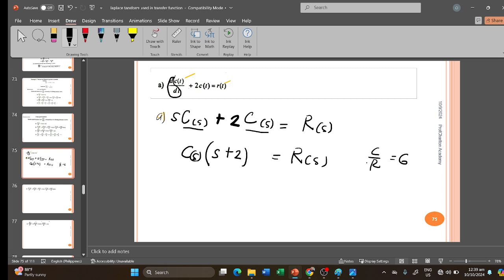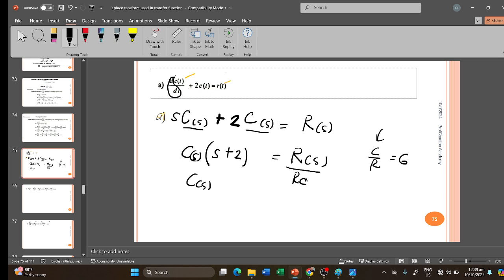So how do we make this expression into this form? C should remain at the numerator, and R is in the denominator. So we have to divide this by itself, right?